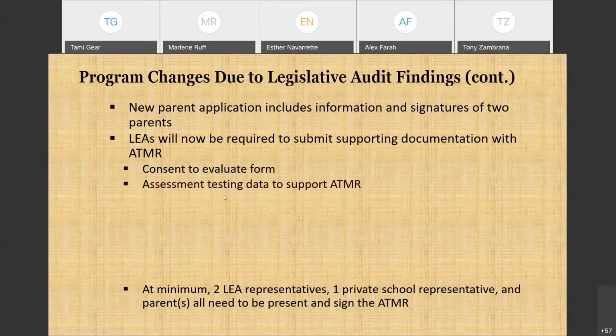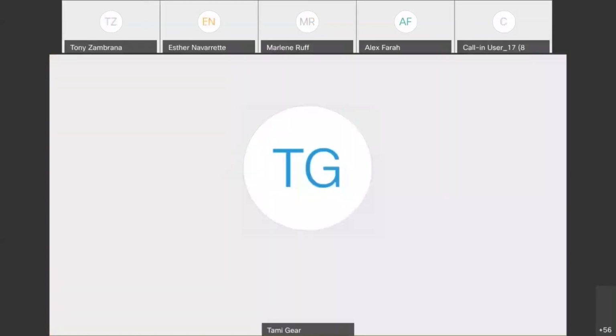Can you guys hear me now? Now we can hear you. You want to take back over, Tony? Wonderful. I apologize, guys. I don't know why all of a sudden it was making it so I couldn't talk. Let me go ahead and share my screen and get back going. I will stop sharing mine. A little error there.